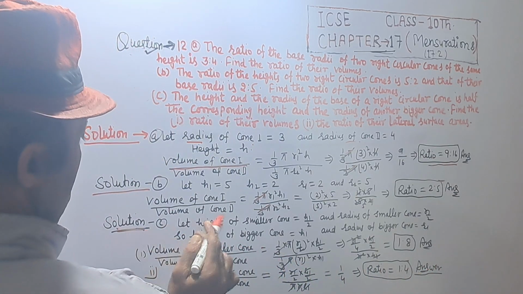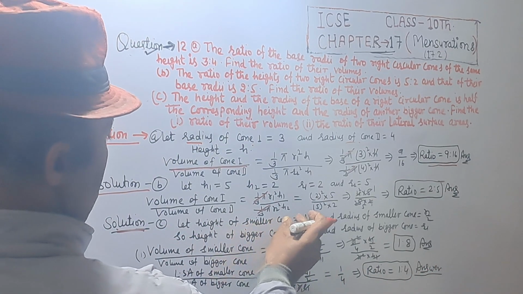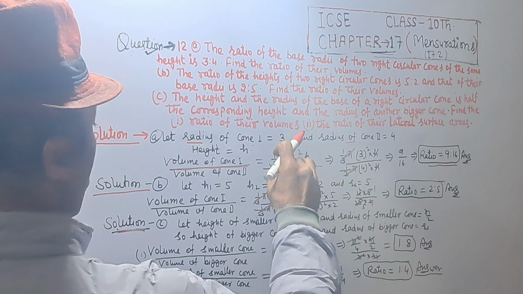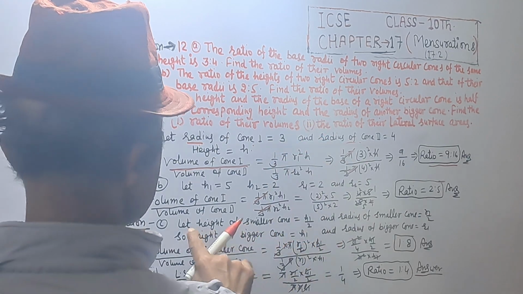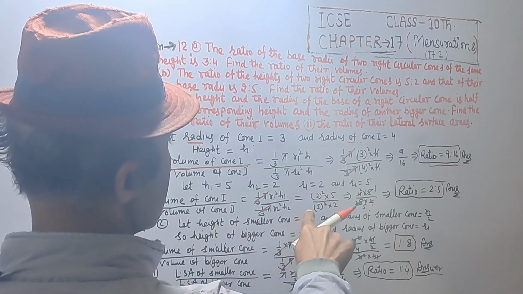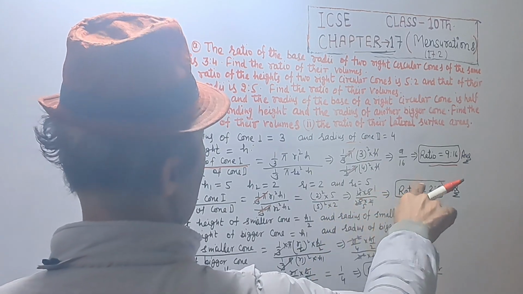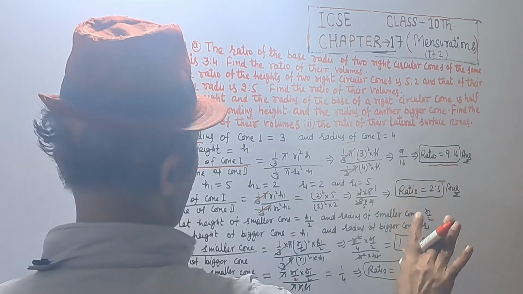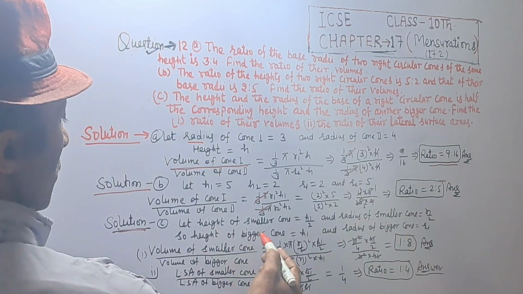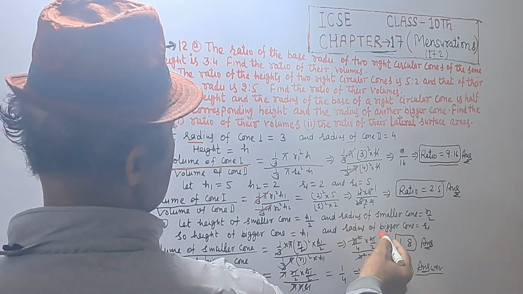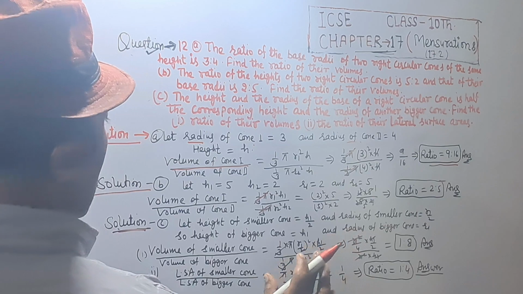And C part, let height of smaller cone is half of bigger, that is height of smaller cone is h1 upon 2 and radius of smaller cone is half, that is r1 upon 2. Height of bigger cone is h1 and radius of bigger cone is r1.